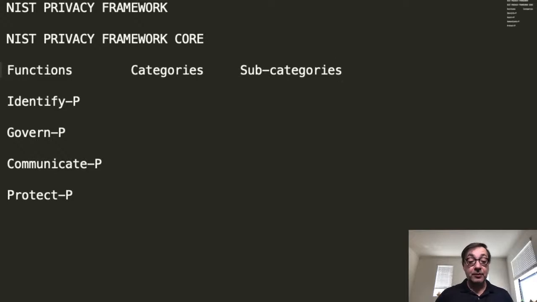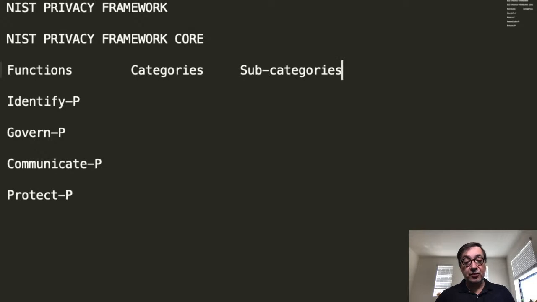Rather, they should be performed concurrently or continuously to really form or enhance an operational culture that addresses the dynamic nature of privacy risk. With that said, this is recognition that identify and govern provide a foundation to cover organizational-level activities, but there is really no order of importance between the two. So we can think of it like walking and chewing gum at the same time, right?